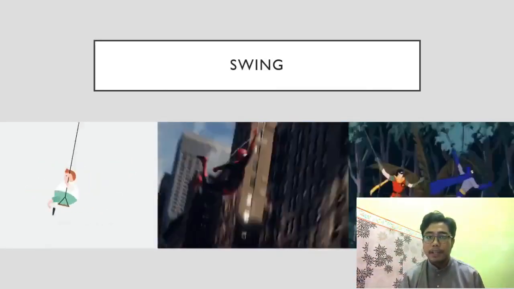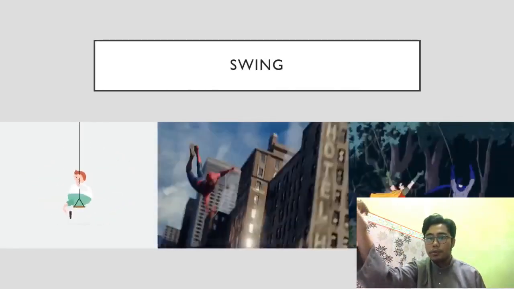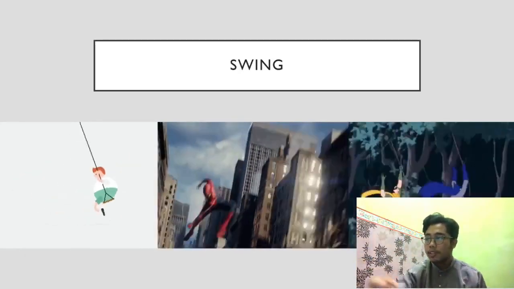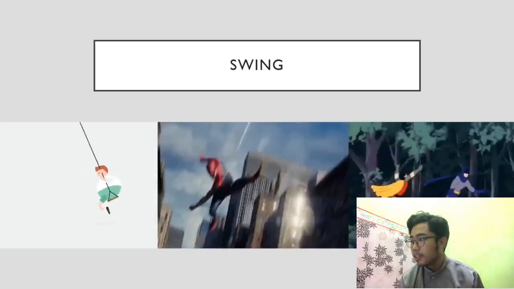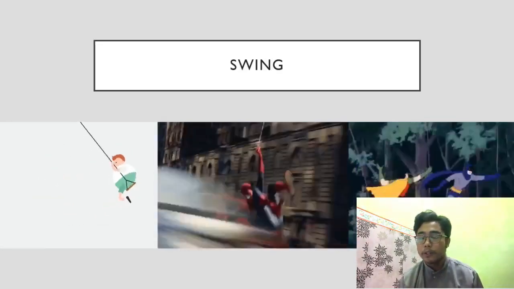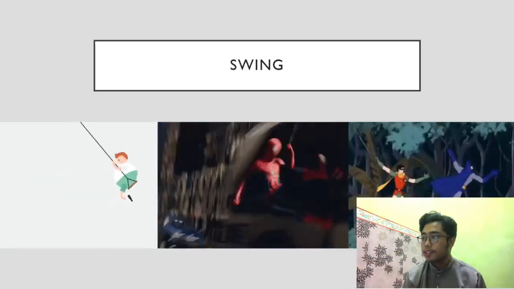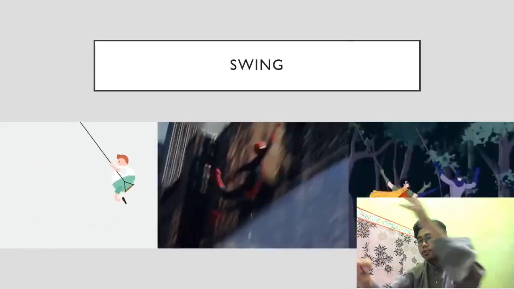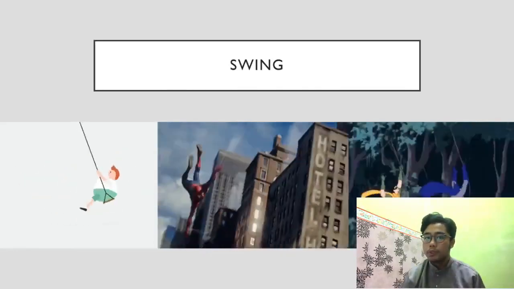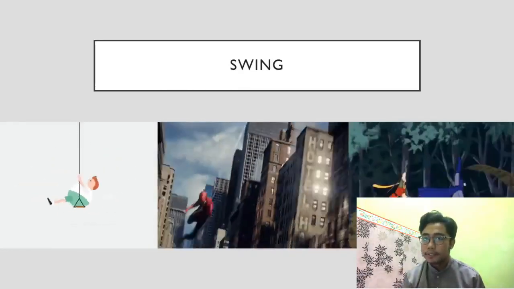Number 2, Spider-Man. He's using his webs to swing from building to building. Then picture number 3, Batman and Robin. They are swinging also, but they are using ropes. They are attached to trees. So from tree to tree, they are swinging. So that is swing.